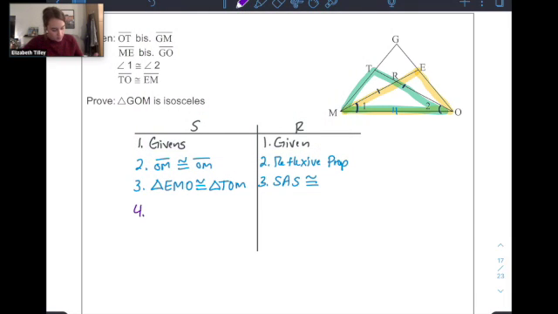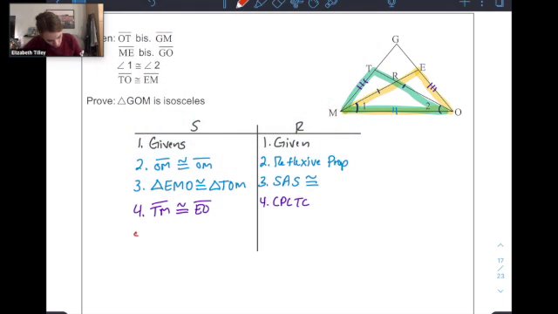So what was it helpful to prove these triangles? It's those two segments there, TM congruent to EO by CPCTC. So these segments here are congruent. Now here is the thing. Multiplication property says if I double the halves of two congruent segments, those doubled segments are going to be congruent.